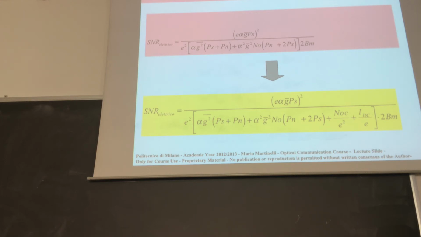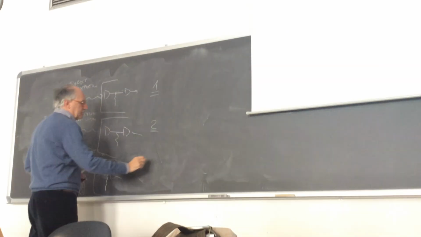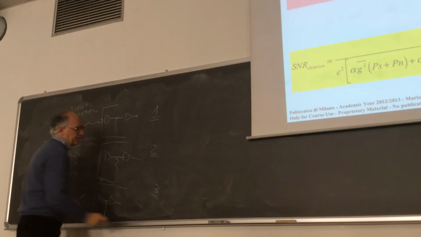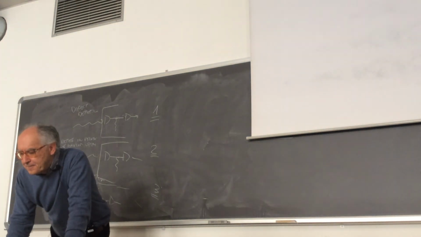Then there are other smaller irrelevant terms, okay? But it's okay. And so now we face this three-system here. So I repeat: direct detection, direct detection in presence of optical amplifier, and the coherent detection. Okay, so we take a break a moment here.